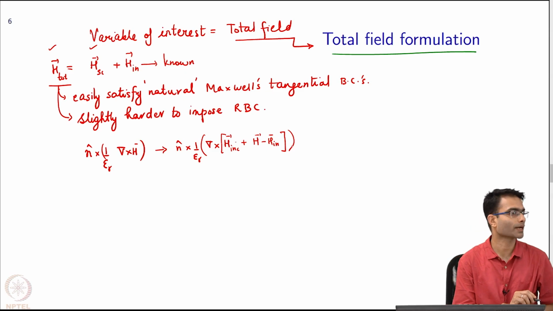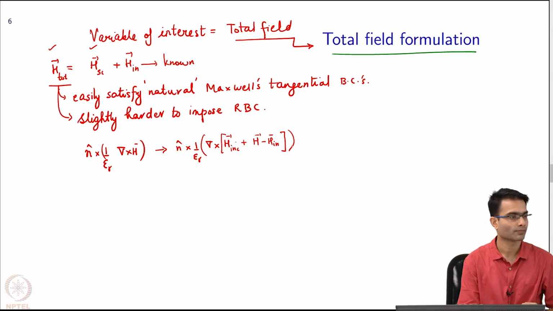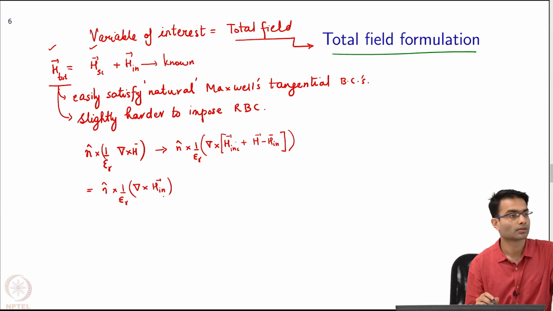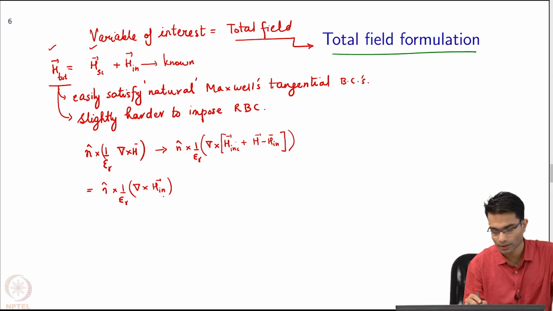So, I add and subtract the incident field, fine. What happens as a result of that? The first term becomes n cross 1 by epsilon r del cross H incident. This term is known.